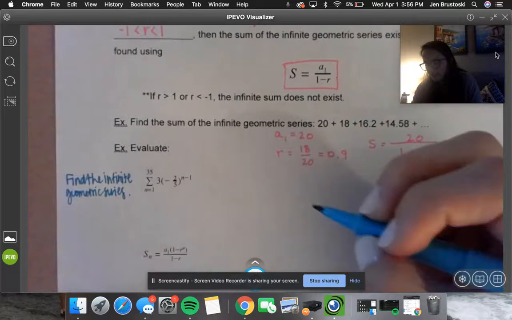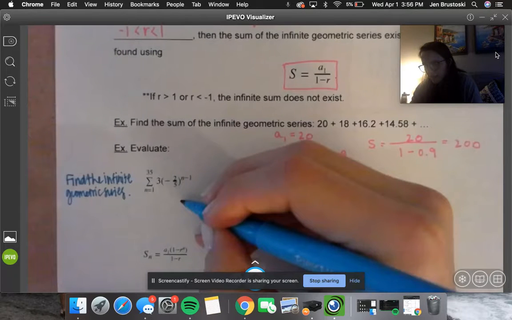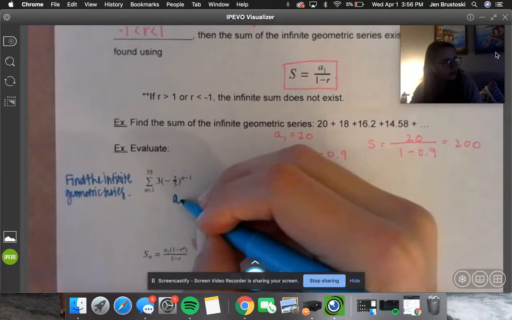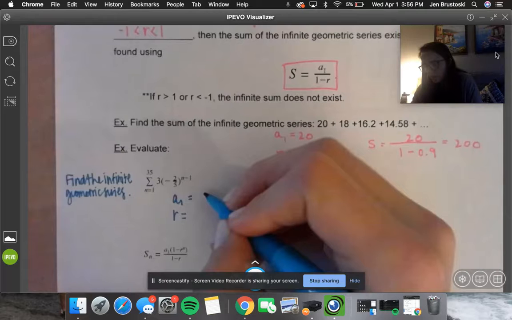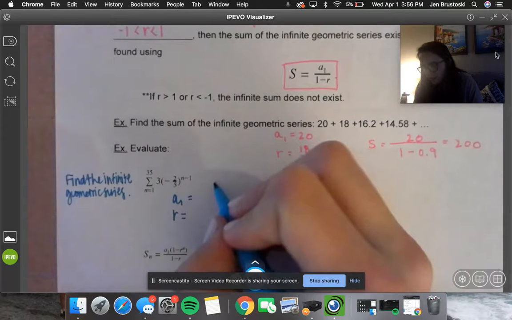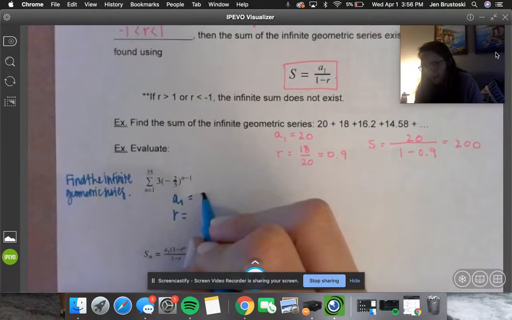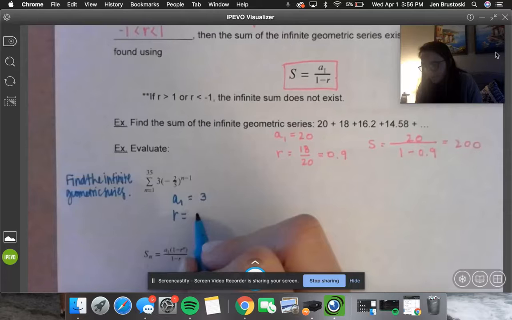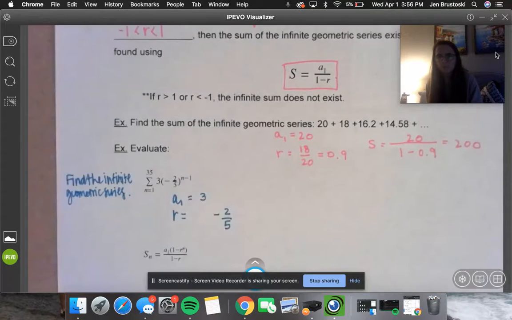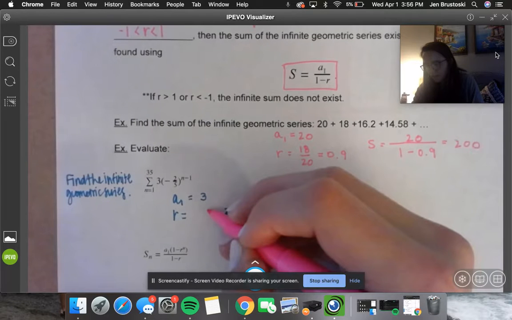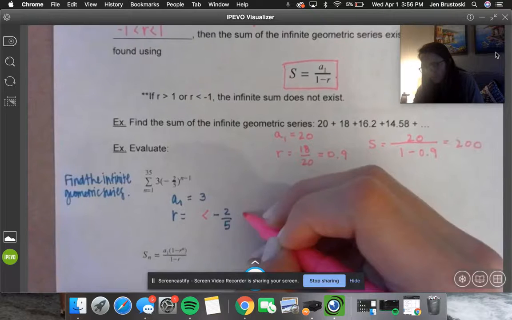So we need a sub 1 and we need r. A sub 1 is equal to 3, it's that first value, and r is -2/5. We need to check and make sure that that is between -1 and 1. That's true, so we're good to go.